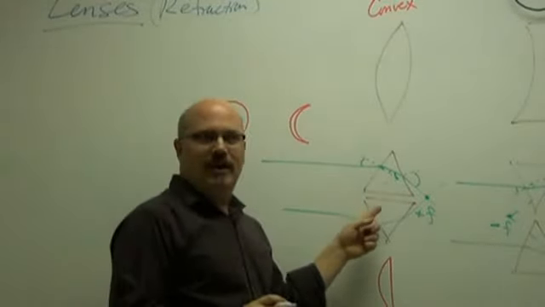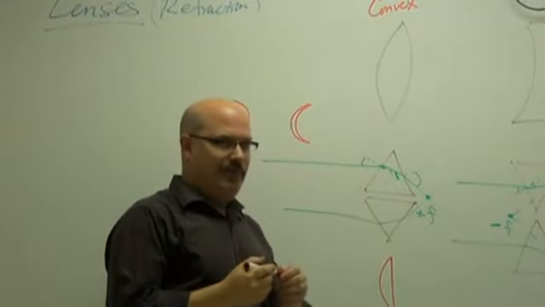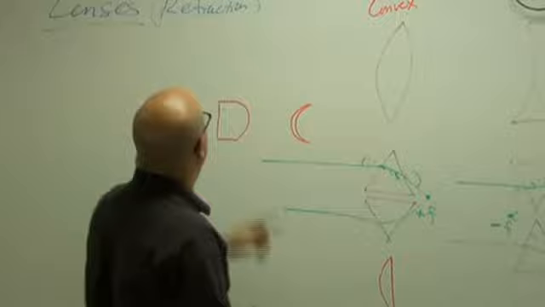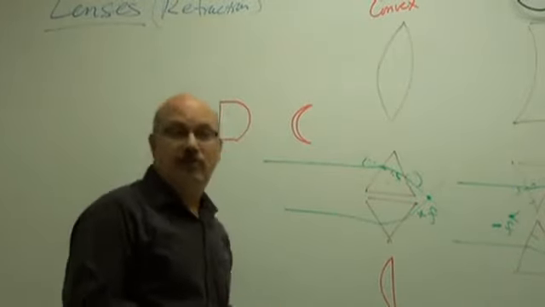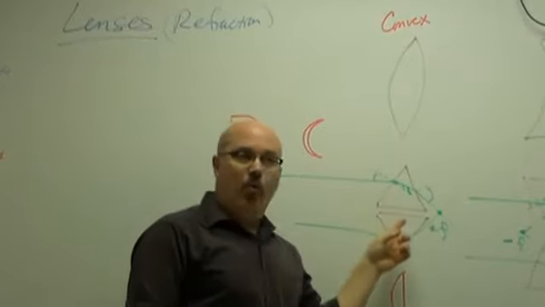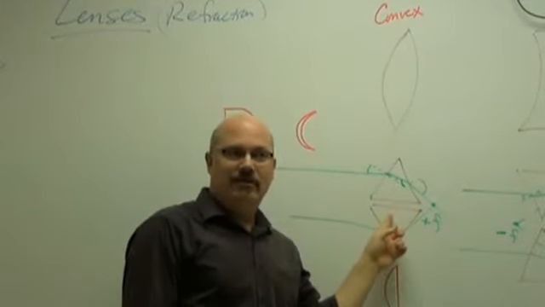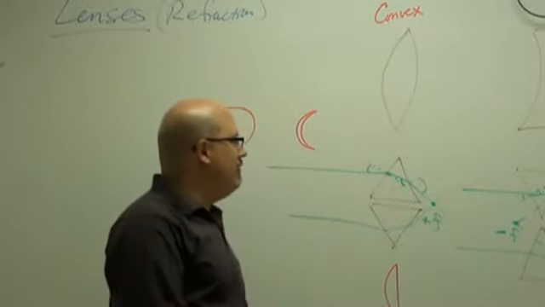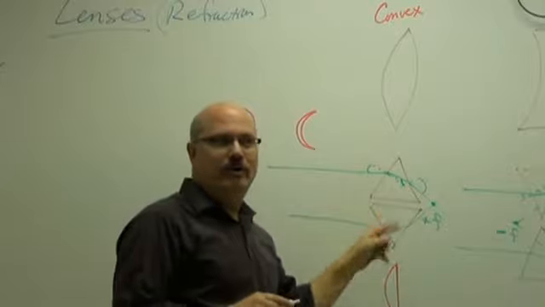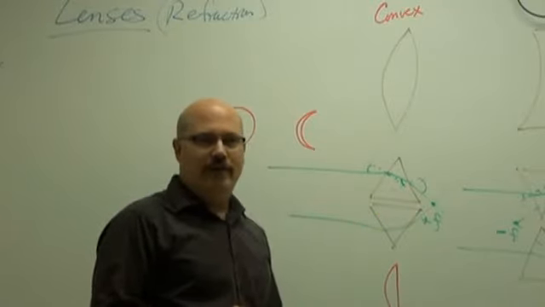Okay, there's another way to change the focal length of a lens. Does everybody know how? I'll give you a hint. Change the material. So this could be water, it could be plastic, it could be glass, it could be a diamond. Hey, now wait a minute. If I change this from a water lens to a diamond lens, how does that move my focal length?